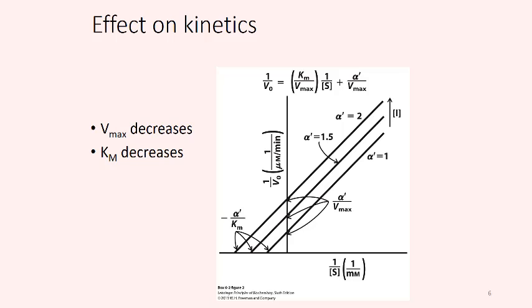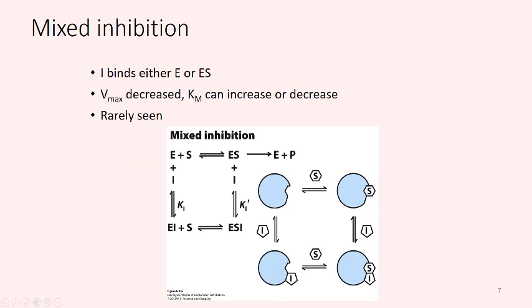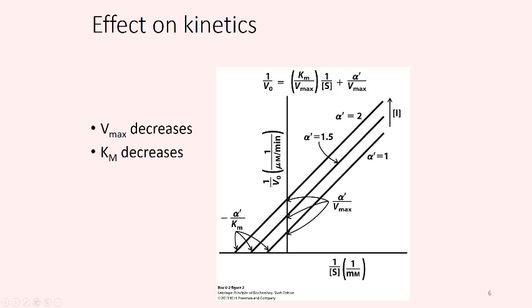You can see here the alpha prime. Both the Km and the Vmax are going to decrease, and they decrease proportionally. So we see the y-intercept get larger in magnitude on this plot, because the Vmax decreases, and 1 over a smaller number gives a bigger intercept value.